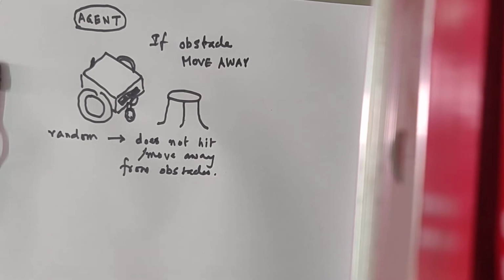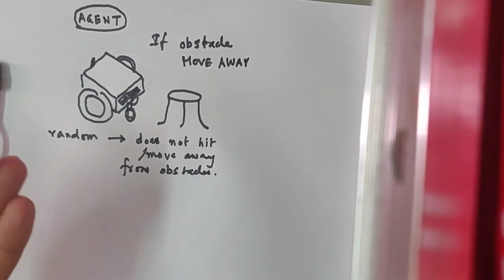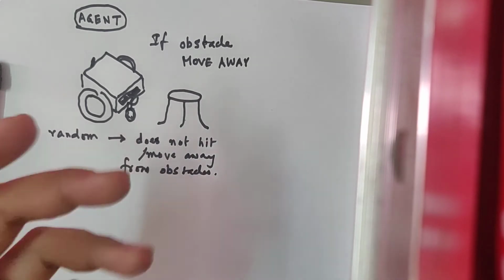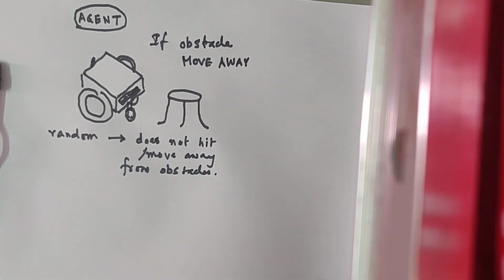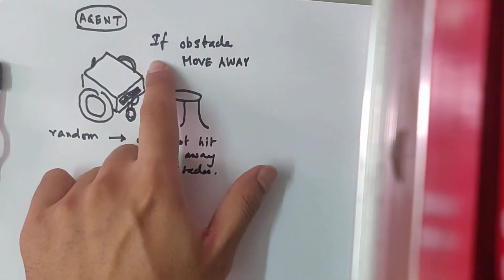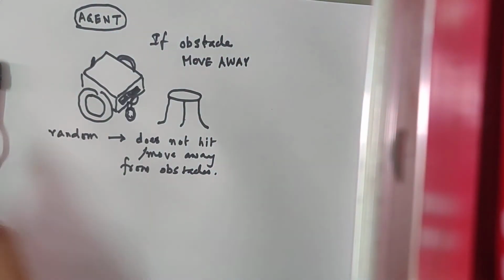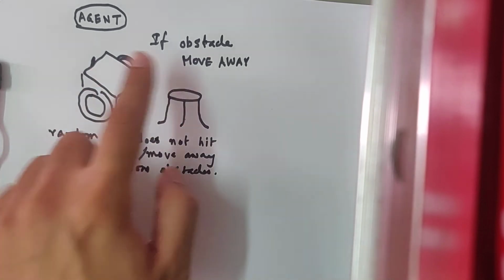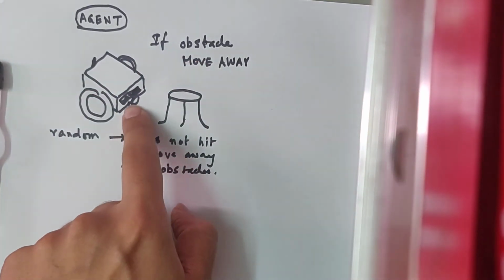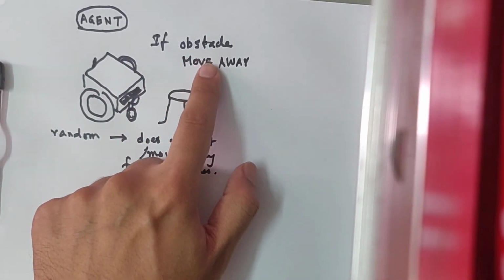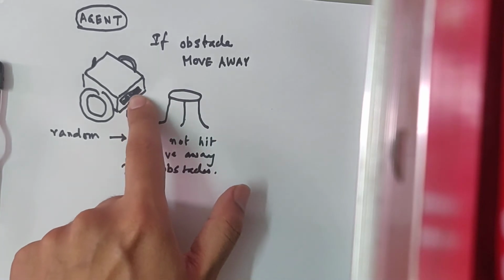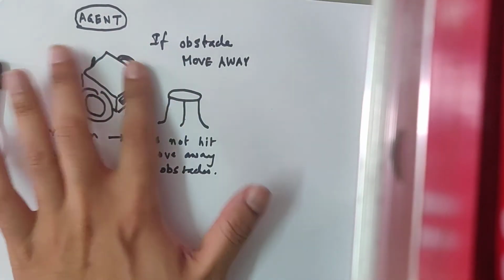So the robot continuously moves, it moves at all time. While moving, it matches this condition. If there is no obstacle, it moves in any random direction. If it detects some obstacle, with the help of this sensor, whatever this sensor is, it moves away.